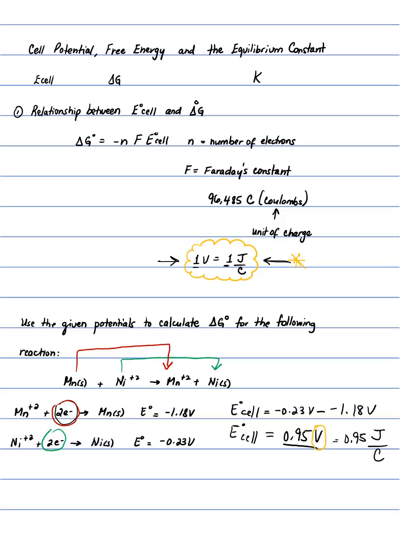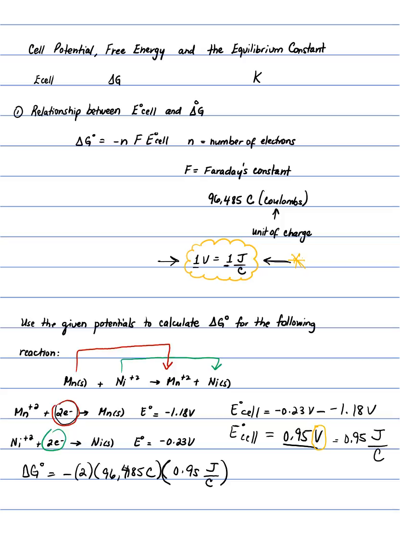So now you have everything that you need to calculate your delta G. That's a 2 for your 2 electrons, times 96,485 coulombs. And then your cell potential is 0.95 joules per coulomb. If you don't have joules per coulomb here, that unit will be volts, and you have nothing to cancel out that unit with.